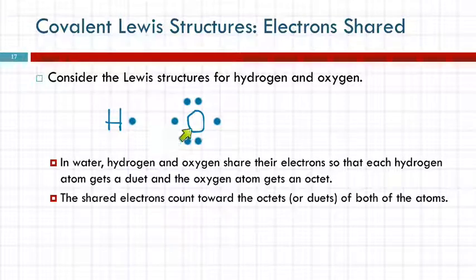So oxygen wants to gain 2 electrons. But hydrogen doesn't really want to give up that electron. And so what's going to happen is they're going to share. So these guys are going to share an electron instead of transferring an electron.